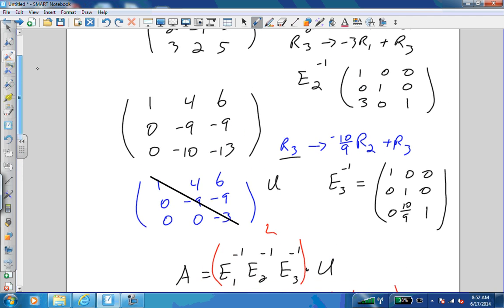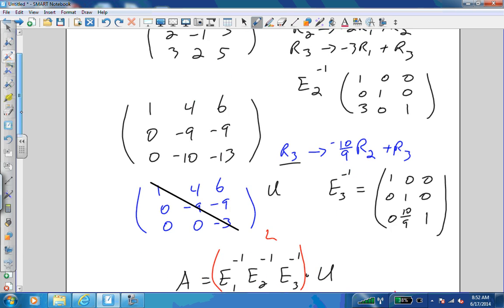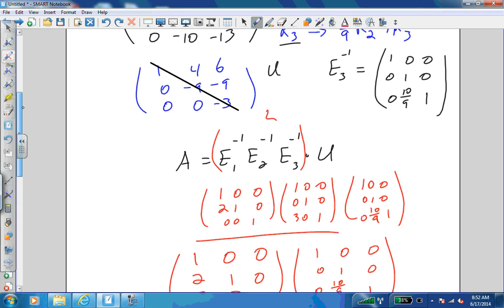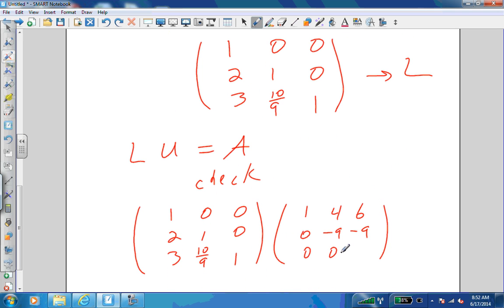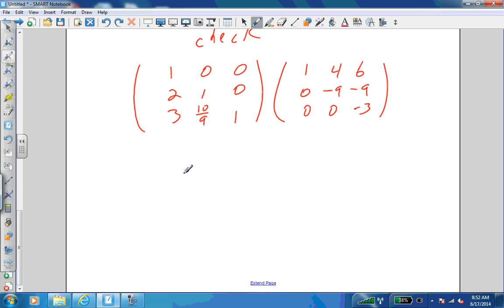Let's see, where was our upper? This was our upper: 1 4 6, 0 -9 -9, 0 0 -3. So let's multiply this out and see if that really gives us A.